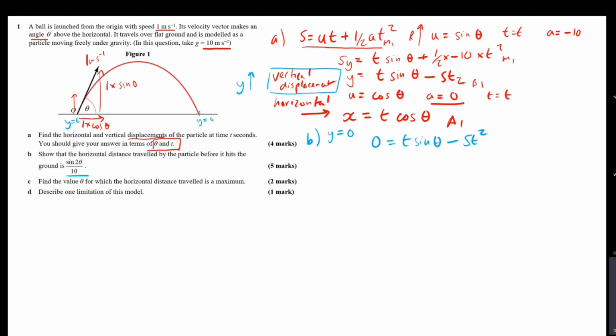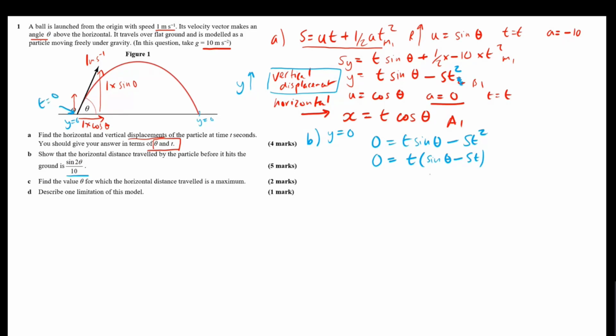Don't know why I wrote squared there. Squared should be like that. Now we can just factorise that out because there's t's in both terms. So then we can write 0 equals t(sine theta minus 5t). Okay, and that will make sense. t equals 0 is one answer. t equals 0 is here.